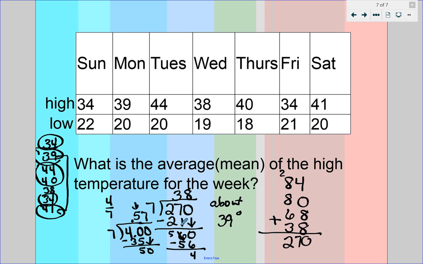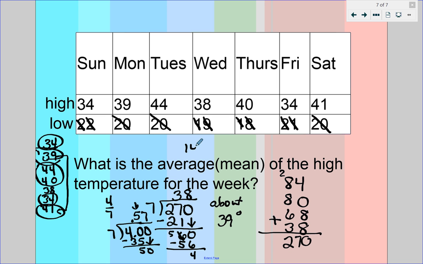If we ask about our mean low temperature, let's see about our mean low temperature. 20, 40, 60. We can have 80, 90, 100, 120. 8 and 2 is 130. 9 and 1 is 140.